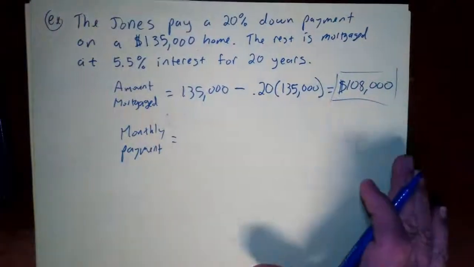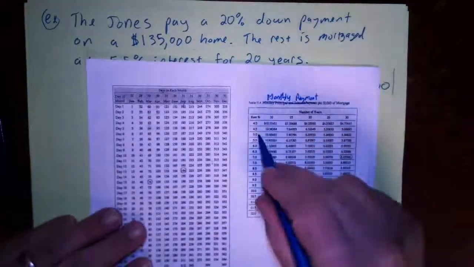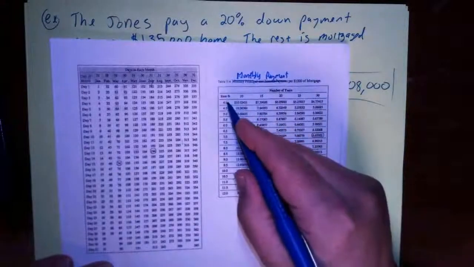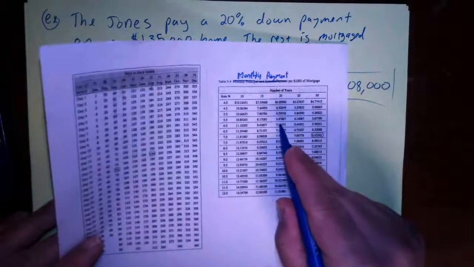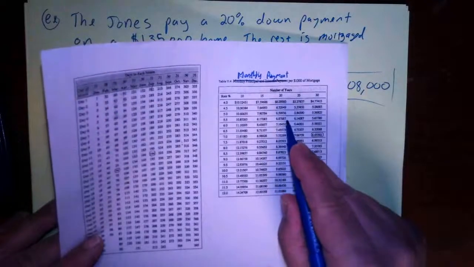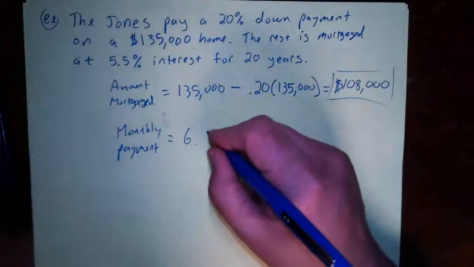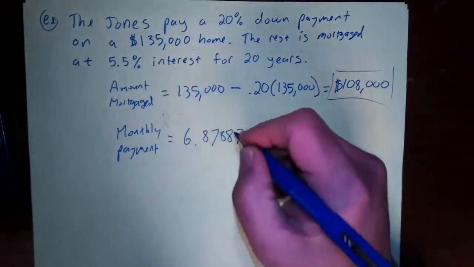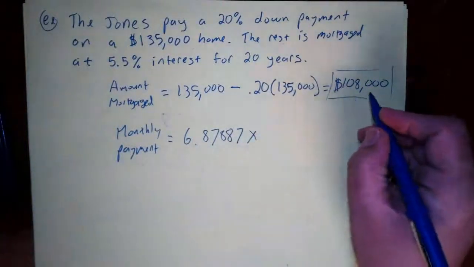So this is 5.5% interest for 20 years, and I get this number, 6.87887. And then I'm going to multiply that by the number of $1,000 mortgage.